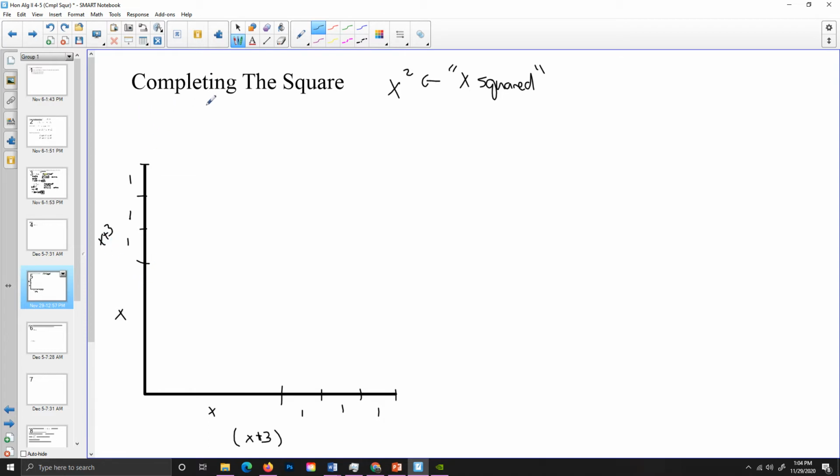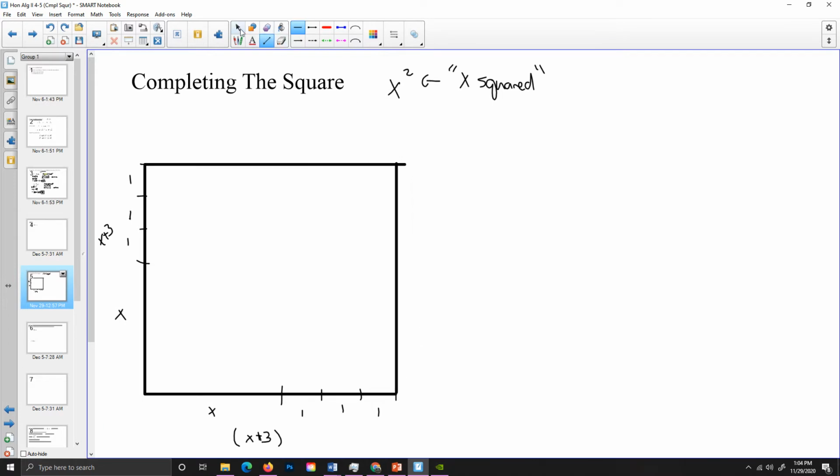If I complete the square and draw in a square, and let's fix that, then this thing has the area of x plus 3 quantity squared. Why? Because the area is length times width.